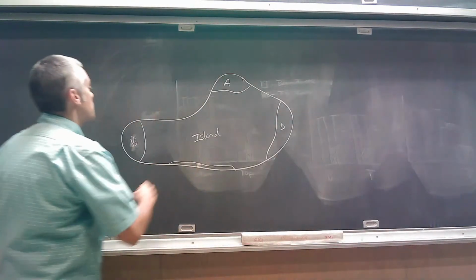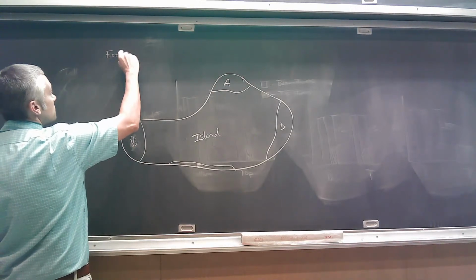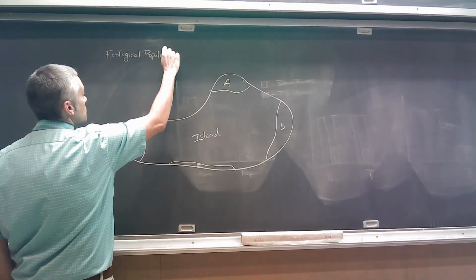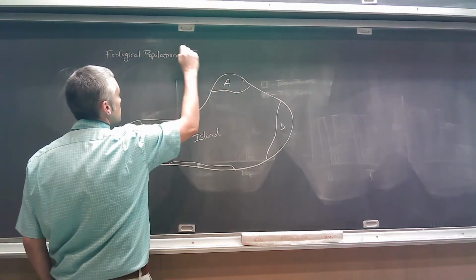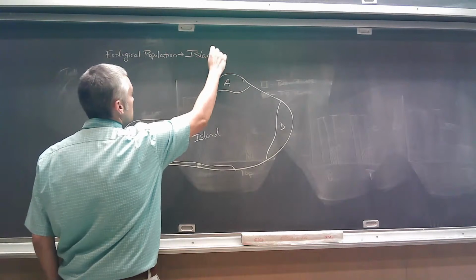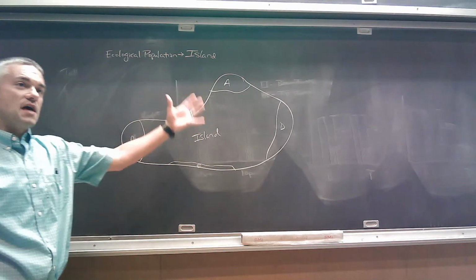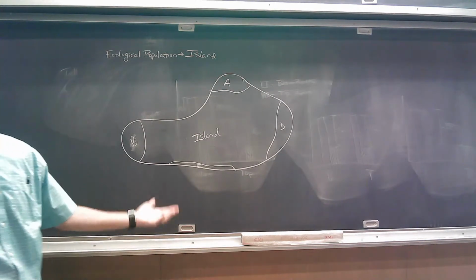The island itself could be the ecological population. So we could be justified in saying all of the individuals on this island constitute a population. Could they interact with each other?